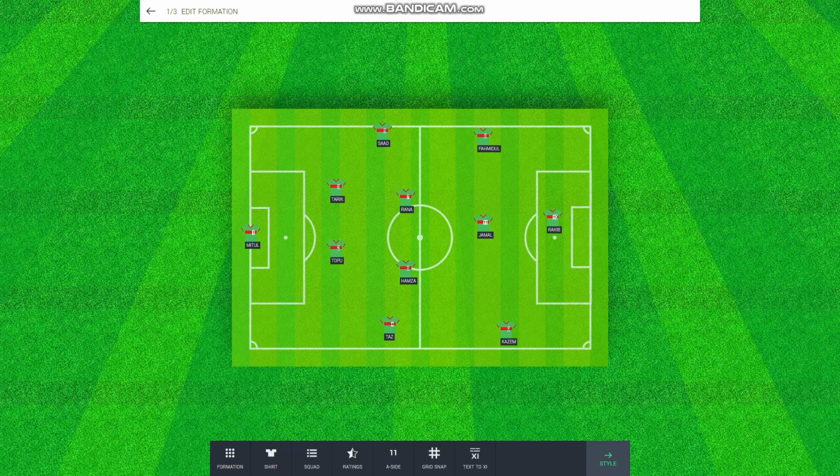But I don't think that is the technical setup of the Bangladesh team, because Rakib is not a very good poacher, or a poacher type of striker. He's more of a winger, so I don't think he's going to challenge the center backs physically for the crosses.